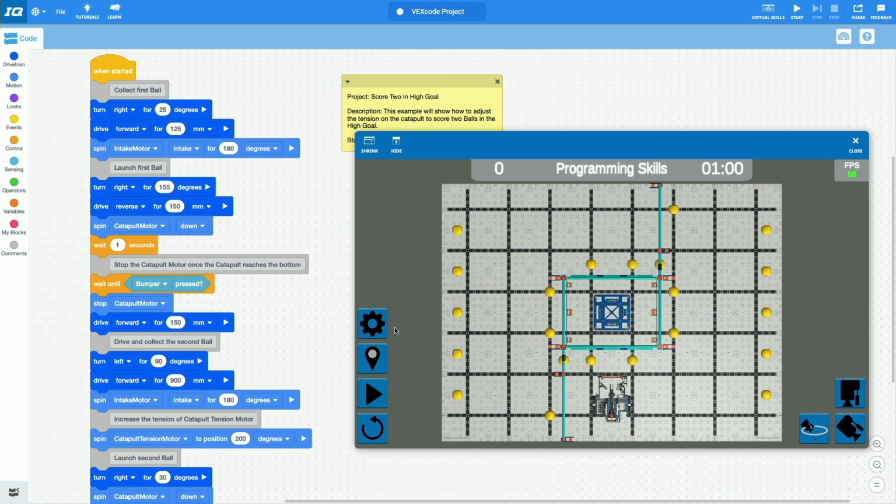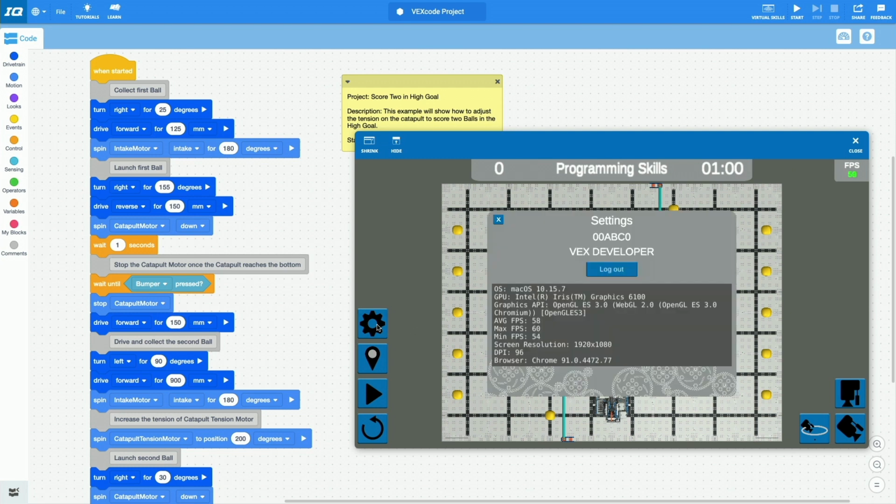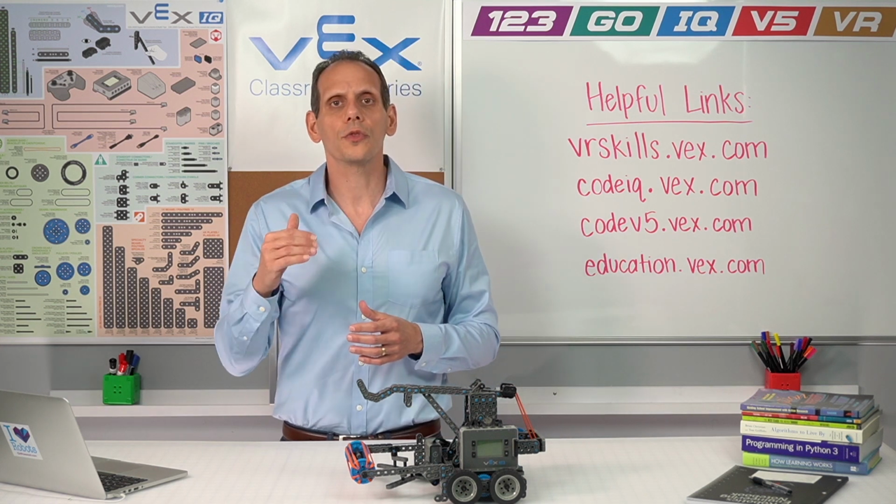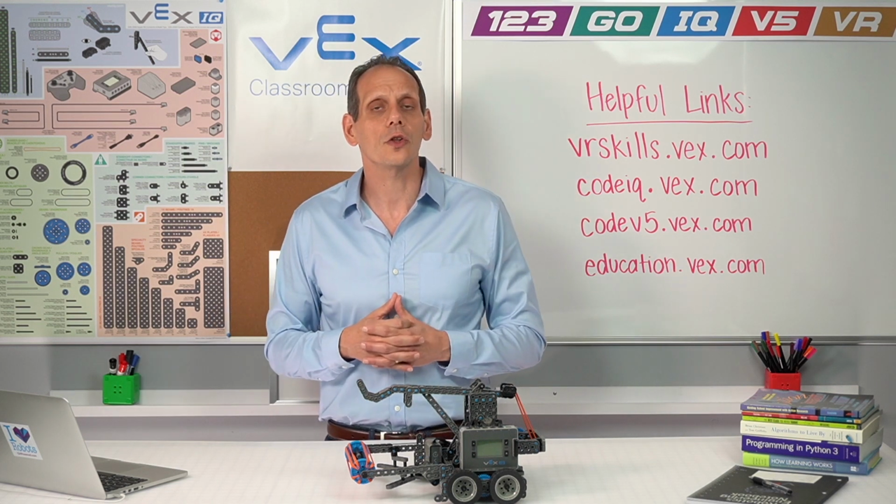This information right here, if I select the gear icon, actually gives me information about the computer. We also have a knowledge-based article that walks you through the minimum computer specs that you'll need in order to be able to run virtual skills. I'd really encourage you to take a look at that.